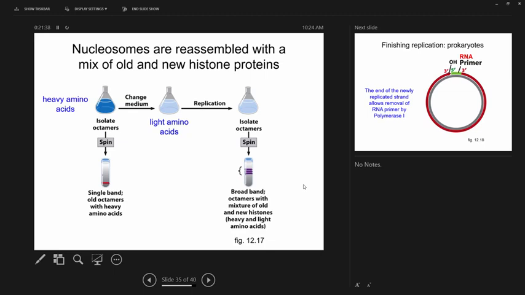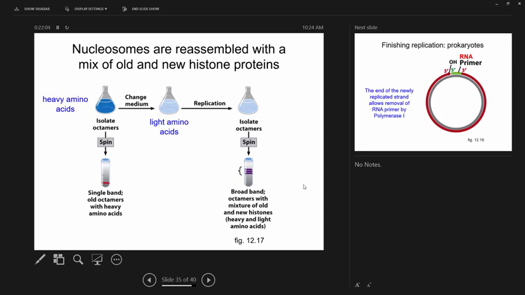And remember, in the Meselson and Stahl experiment, after one generation you got a band right in the middle, and it was a very tight band, so not very spread out. And that was because each strand had exactly half heavy and half light nitrogen. Here you get more of a diffuse band because the old and new octamers kind of mix together and reform.